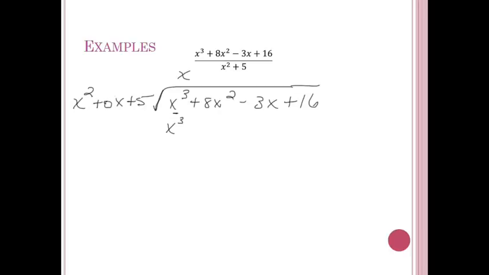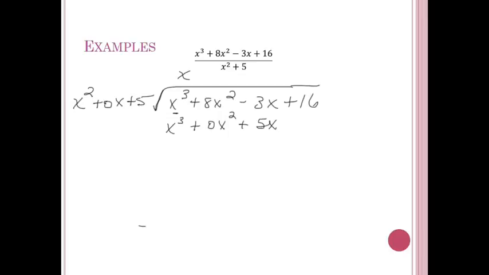So x times x squared is x cubed, plus x times 0x is 0x squared, and 5 times x is plus 5x.